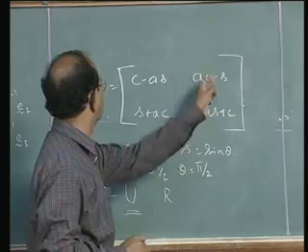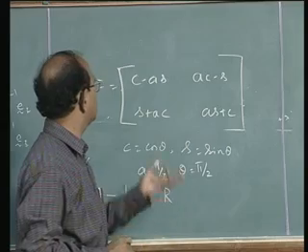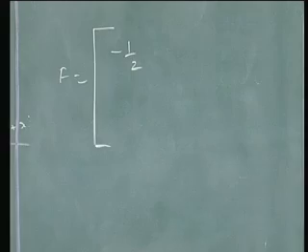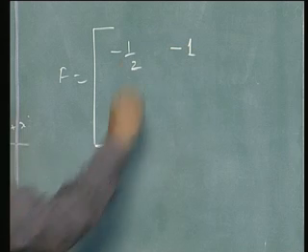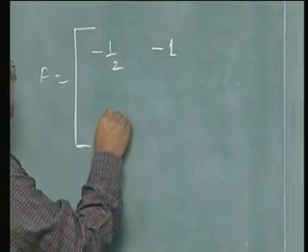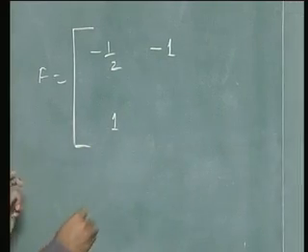The second term is A cos theta, again that goes to 0. So, minus 1, right, and then 1, again C goes to 0 and half.